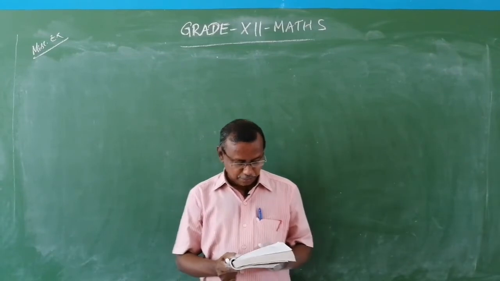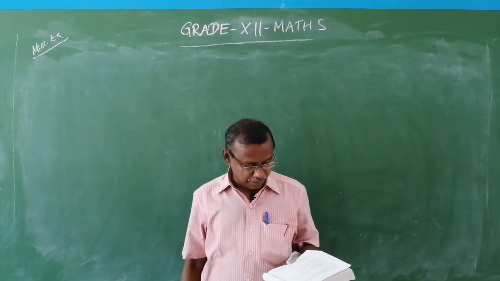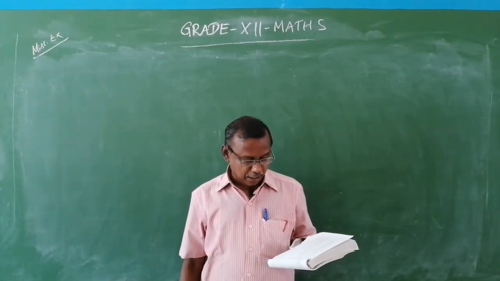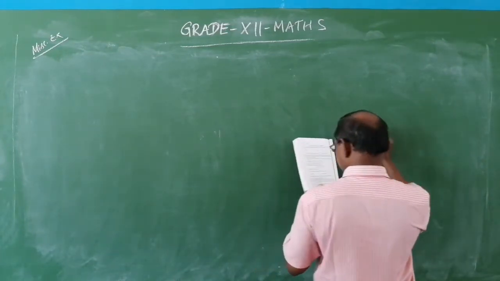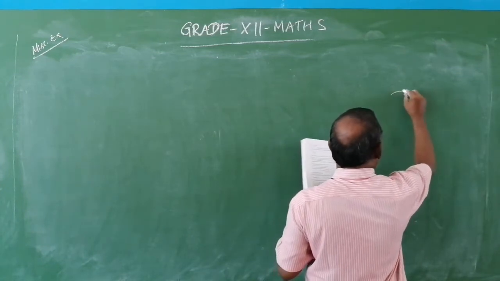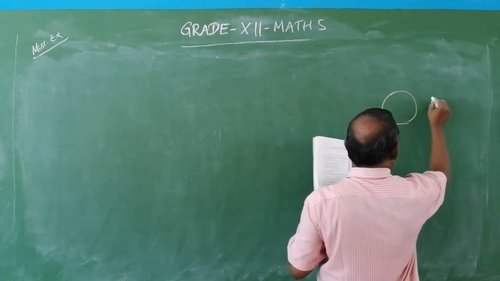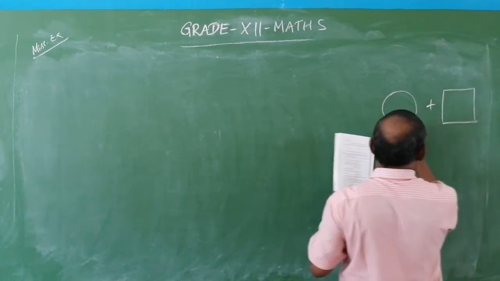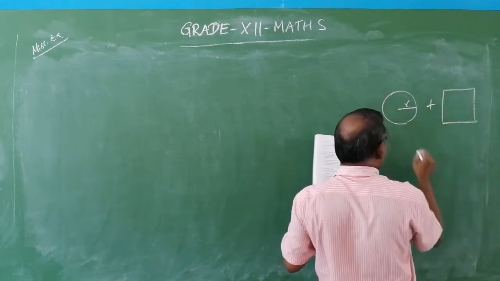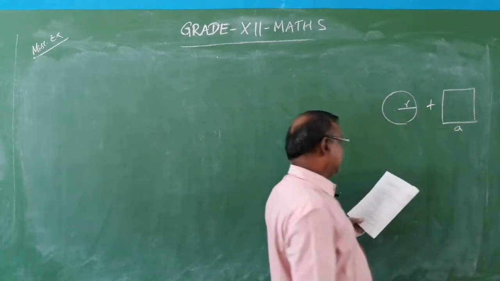Now question number 10. The sum of the perimeter of a circle and a square is k, that is constant. Consider a circle and a square, and let r be the radius of the circle and a be the side of the square.